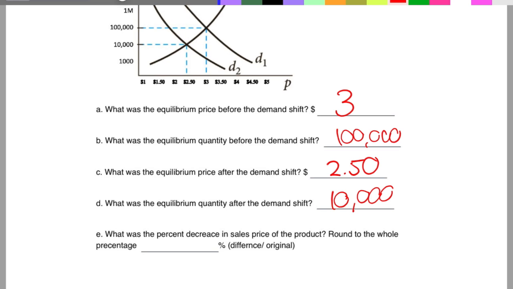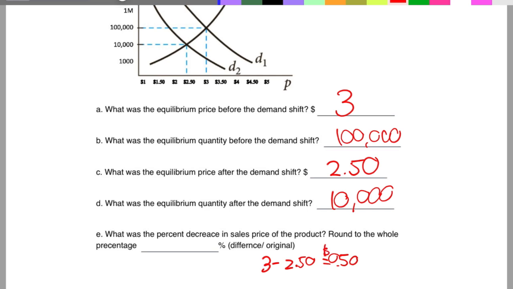And last but not least, what was the percent decrease in the sales price for the product, rounded to the nearest whole percentage? Difference divided by original. Okay, so the difference between $3 and $2.50 is 50 cents. That is our difference, okay?